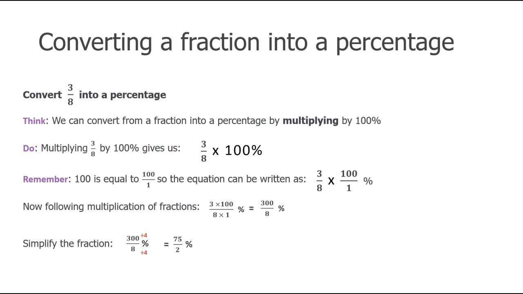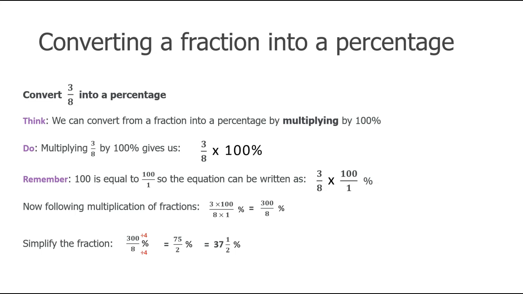If I divide 75 by 2, I'm going to get 37 and 1 left over. So I'm going to get 37 and remainder 1. So my answer becomes 37, and the 1 remainder is my numerator of my fractional part. So I end up with an answer of 37.5%.